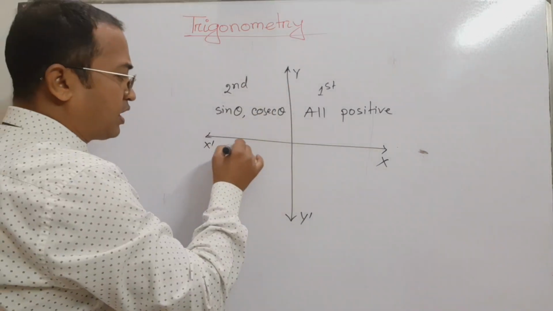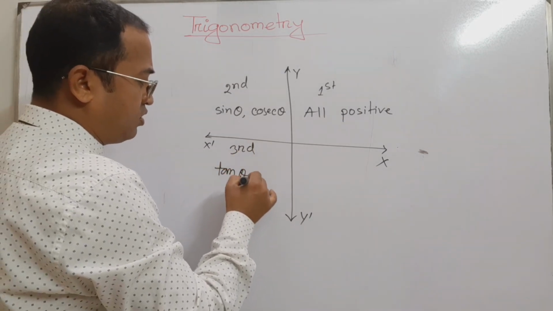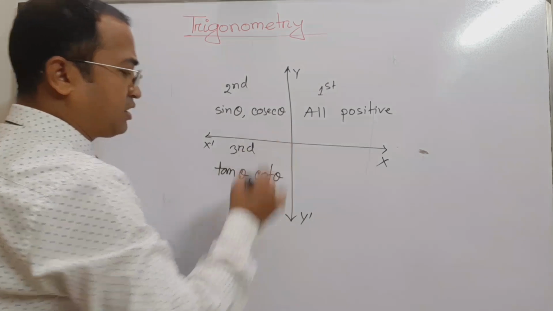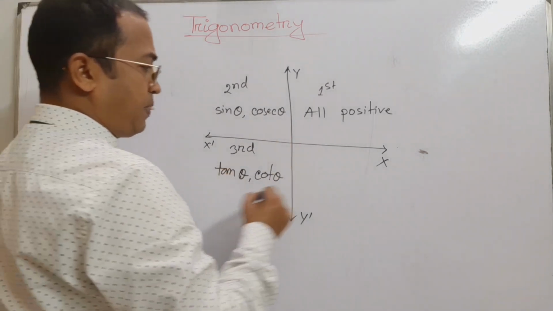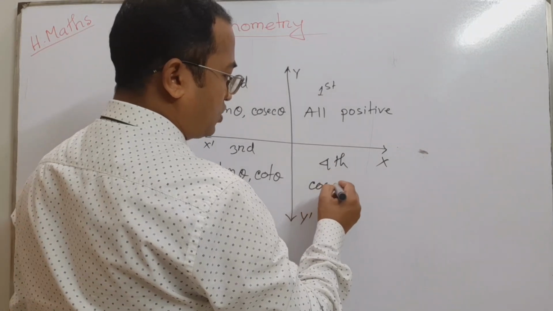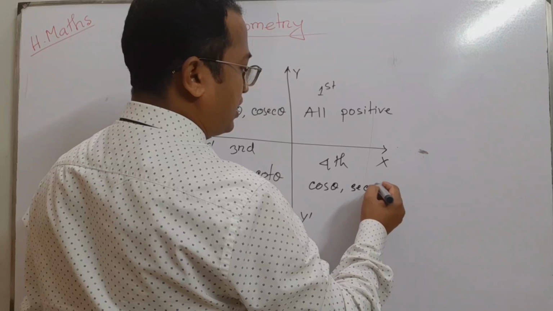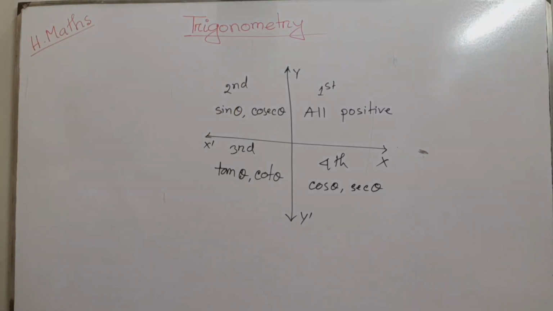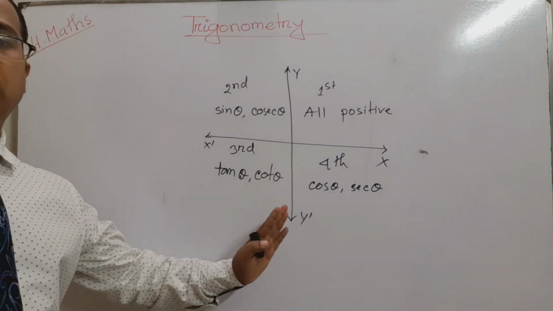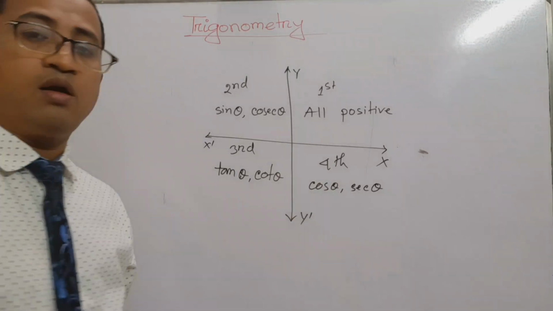Similarly, in the third quadrant, tan and the reciprocal of tan, that is cot, are positive. In the fourth quadrant, cos theta and the reciprocal of cos theta, that is sec theta, are positive. So you should know in which quadrant which ones are positive and which are negative.